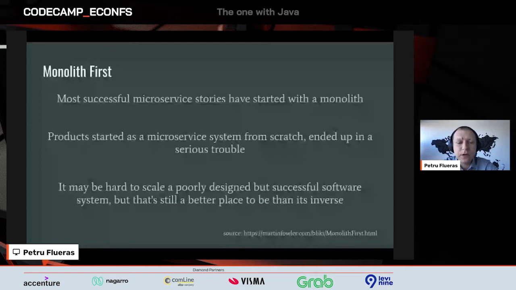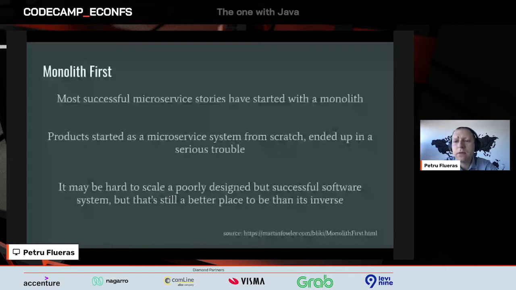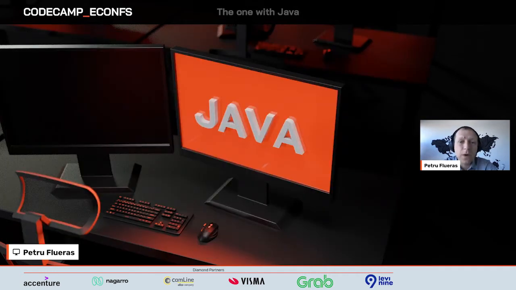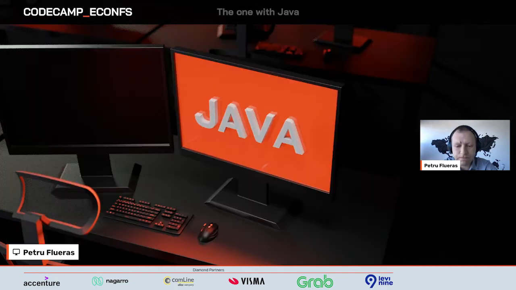A lot of products which started with microservices architecture from scratch ended up in very serious trouble because there is a lot of complexity, as we will see later. And it's way better to have a poorly designed but successful system instead of having a microservice which is not that successful.